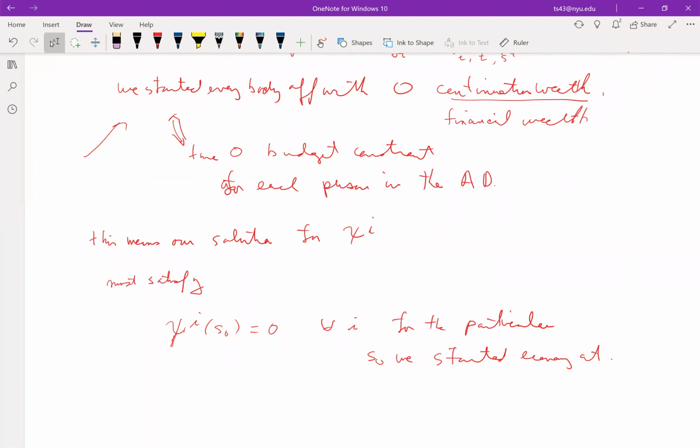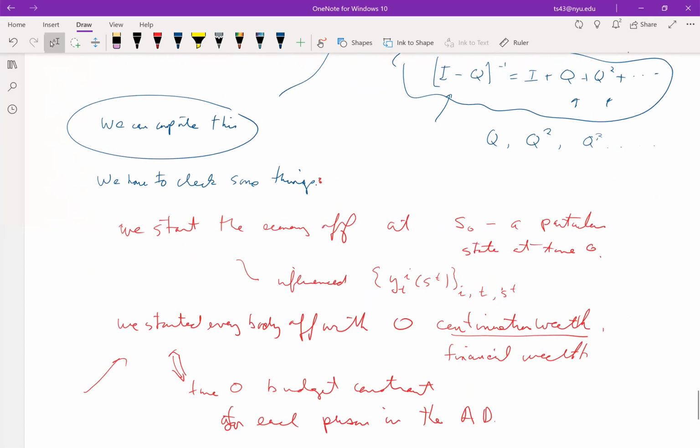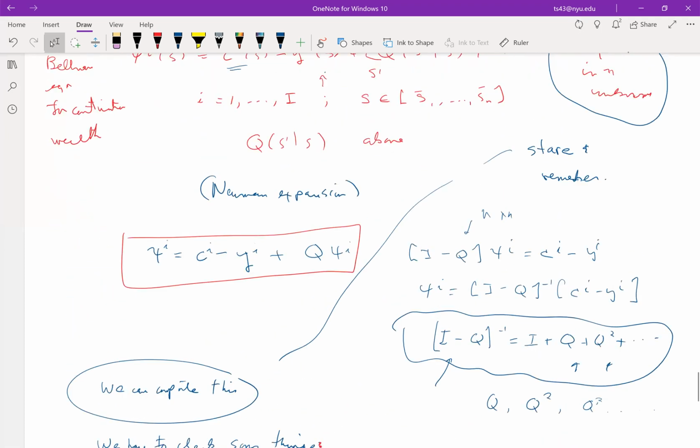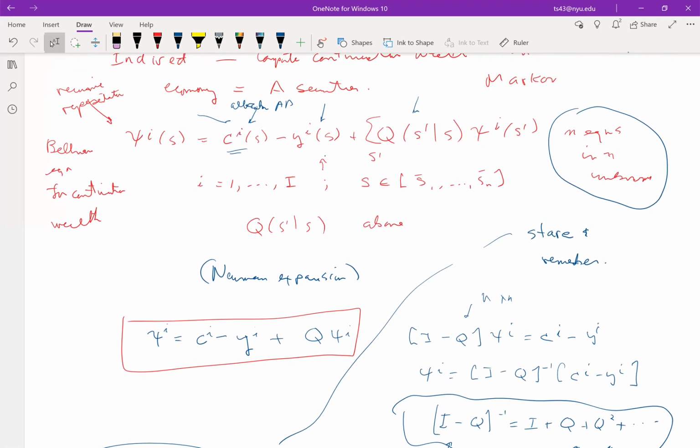So how do we know it satisfies that? Where did we build that in? It was right here. We set the consumption allocation, person by person, to what we got from the Arrow-Debreu economy.